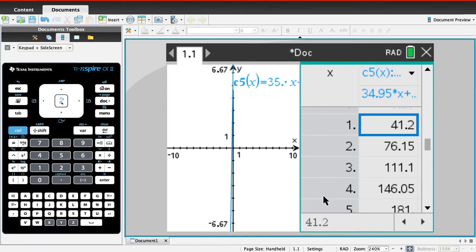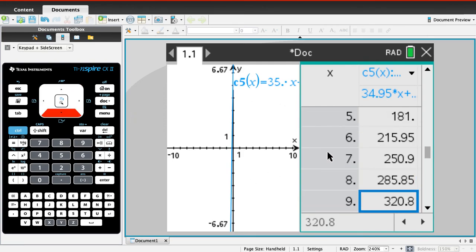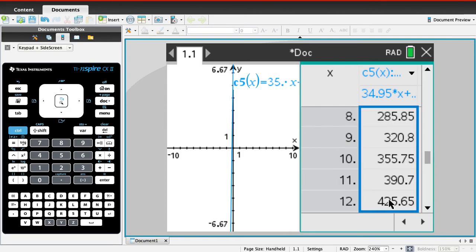For each one of these, I'm going to look for their associated value over here. If I don't see the number, I can also go to my main screen and call it up. So I can go ahead and scroll down. I can look for 8, 9, 10, 11, 12. And these would be all of my range values here.